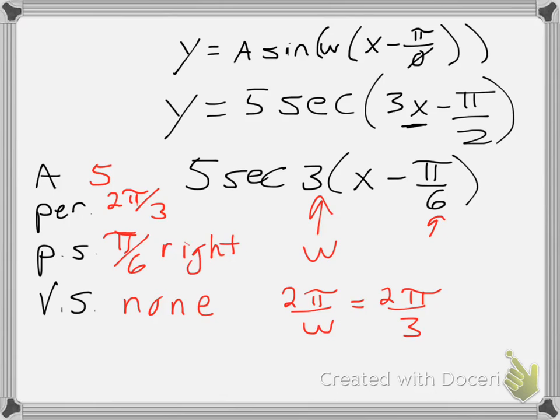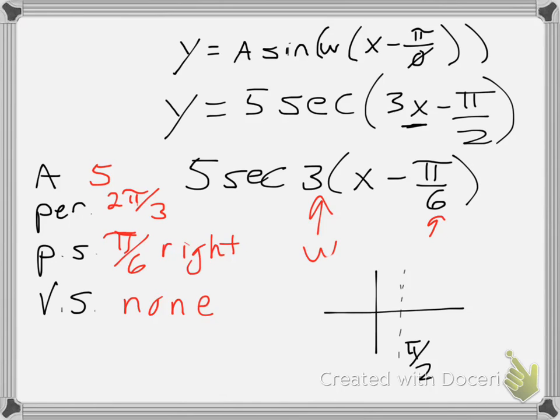What I like to do is examine what the graph looks like normally, if I haven't adjusted anything for phase shifts, etc. Let me sketch one period. Since it's based off the cosine function, it's going to have asymptotes at pi over 2, 3 pi over 2, and at negative pi over 2.